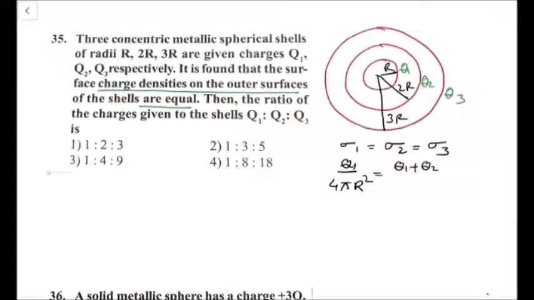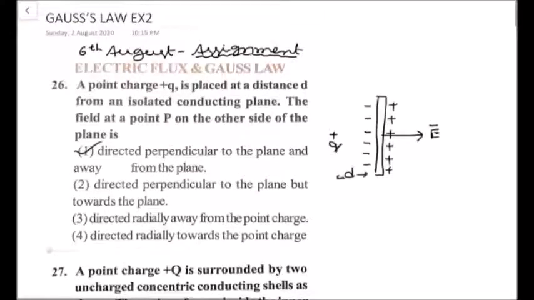So I will take q1 plus q2 by 4 pi into 2r whole square, and the total charge associated with the third sphere is q1 plus q2 plus q3 by 4 pi into 3r whole square. Now let us simplify this equation.